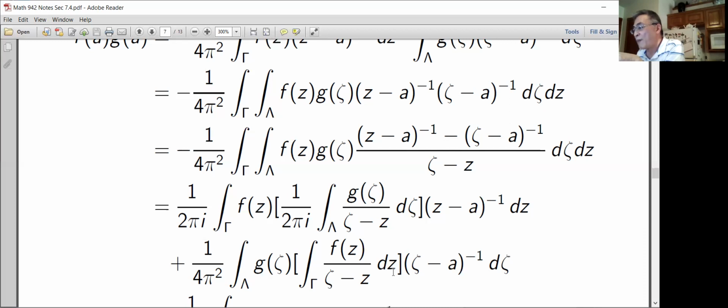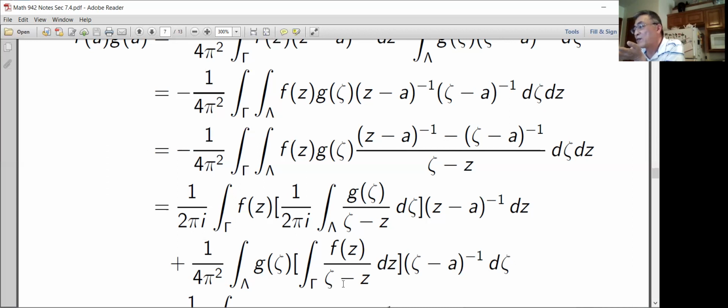Then this integral is 0, because this zeta is on lambda, and lambda is outside of gamma.